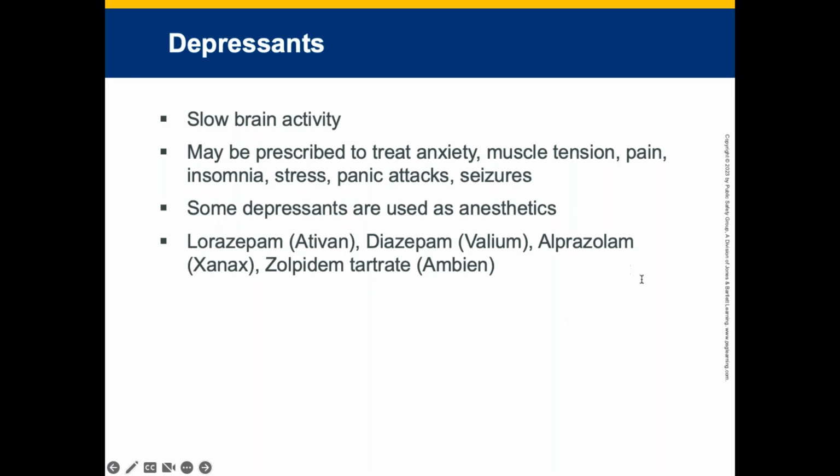All medications that can be used to slow the system down, right? So if you had a patient that overdosed on this, what would you expect? What would you expect if someone overdosed?